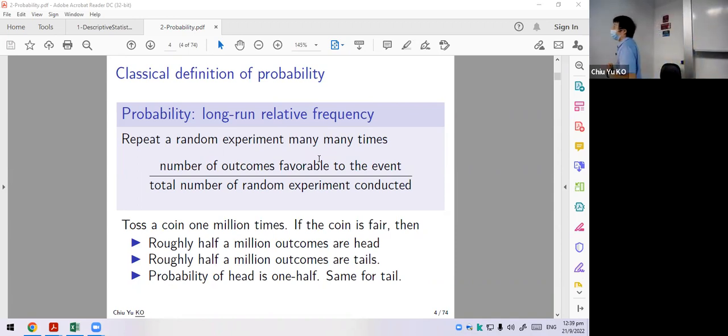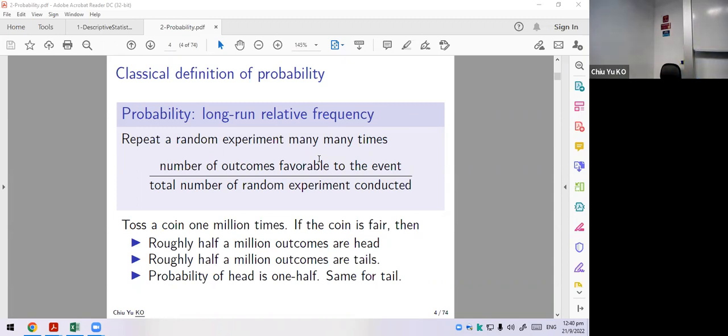We didn't prove it, but if you learn advanced probability theory, something related to what we call the law of large numbers, you can actually prove that the probability you observe from here is very close to what it actually is in the real world.